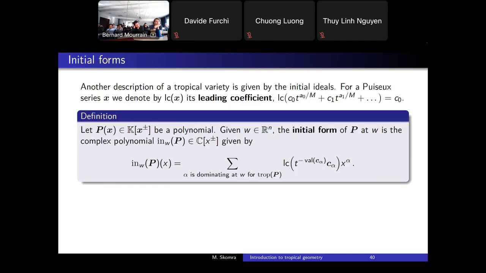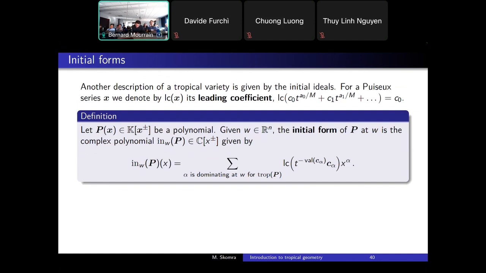So now let me give you another description that is a little bit technical, but very useful for computations. This description uses the notion of a leading coefficient of a Puiseux series. We have seen that valuation is the leading exponent, but you also have the leading coefficient, this guy here.